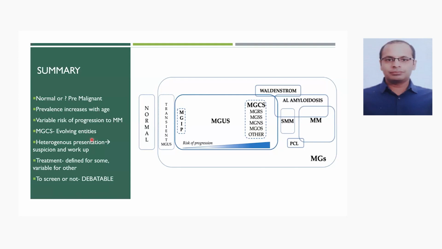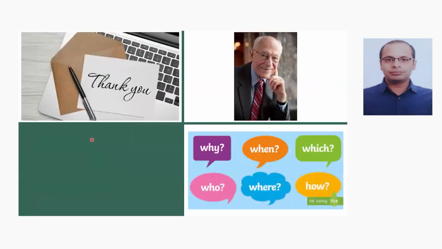That is still debatable, seeing the pros and cons of population-based screening for these patients. With this, I would like to end and just highlight the contribution of Professor Robert Kyle, who has been the pioneer in the field of MGUS and monoclonal gammopathies.